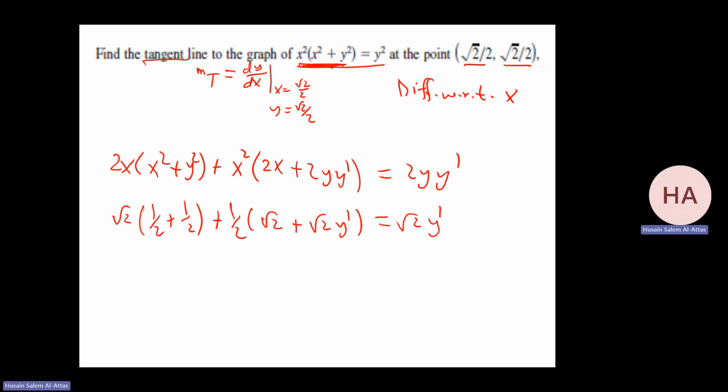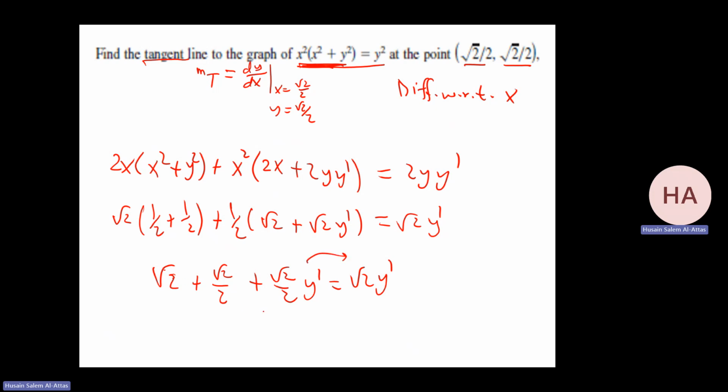Now I need to solve for y prime, the only thing missing. Half plus half is 1, so that's square root of 2, plus square root of 2 over 2 y prime, equals square root of 2 y prime. Take this to the other side.